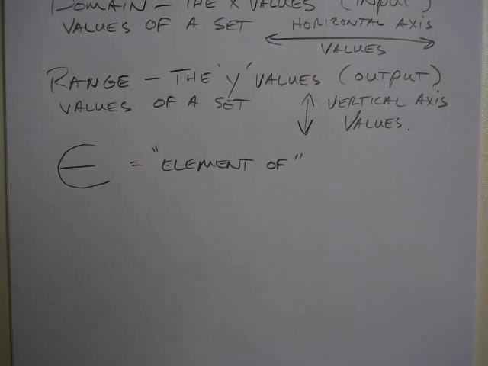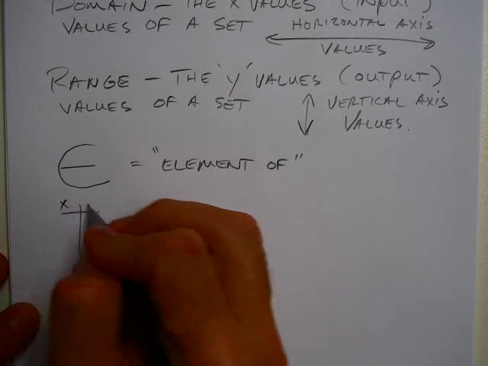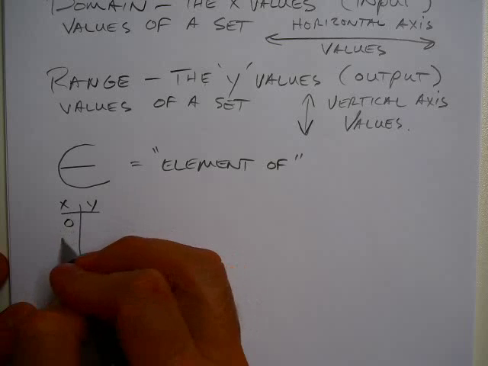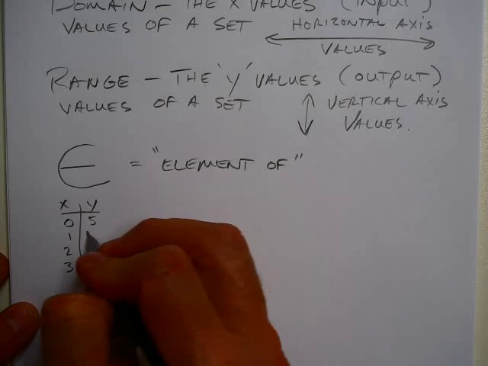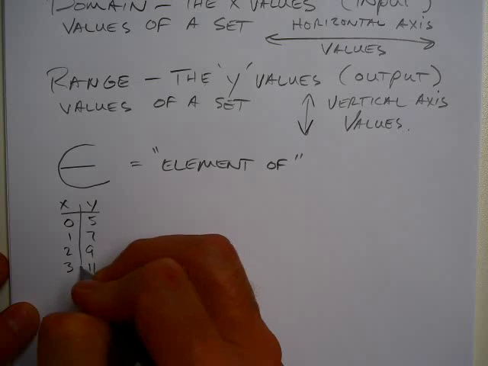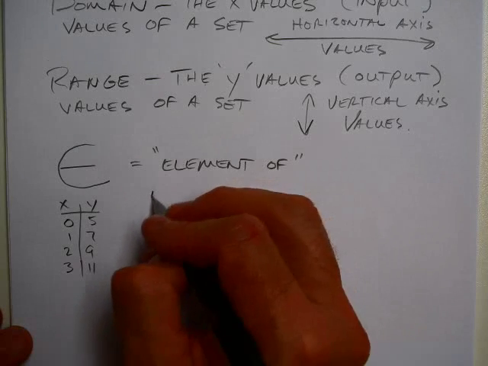So let's say I give you a set of values, a very small set. And I go 0, 1, 2, 3, and 5, 7, 9, 11, something like that. How would we list the domain?